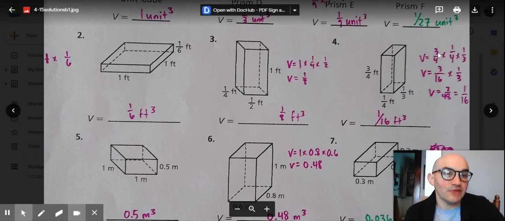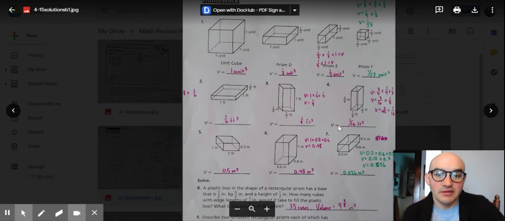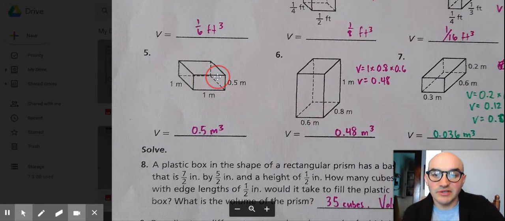Remember, when I'm multiplying fractions, I multiply my top times my top and my bottom times my bottom. So 3 times 1 and 4 times 4 gives me 3/16, and then 3/16 times 1/3 ultimately gives me 3/48, which simplifies to 1/16.